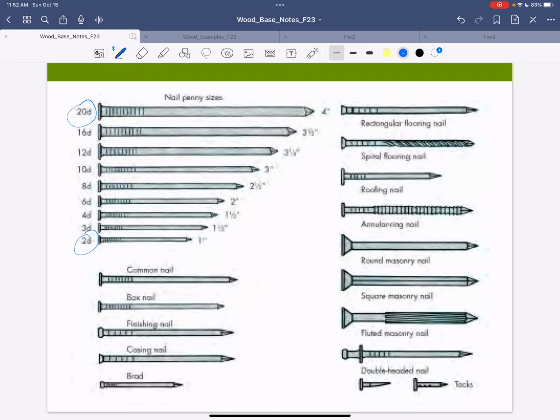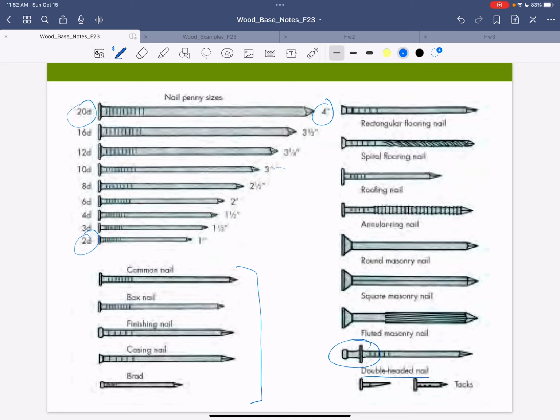So this big 20D is a 4-inch long nail, down to a 1-inch nail. Here's my 10 penny nail. And again, we talked about this, but there's common, box, finishing, etc. And we talked about all these guys too. All right. Oh, here's the double-headed nail.